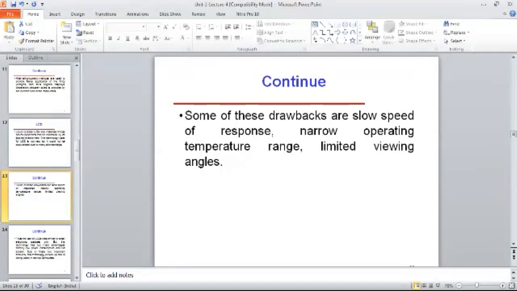So we cannot see properly on this monitor if we are using an LCD monitor. There are various problems in the case of LCD monitors. Speed is also slow, and the temperature range is also narrow.